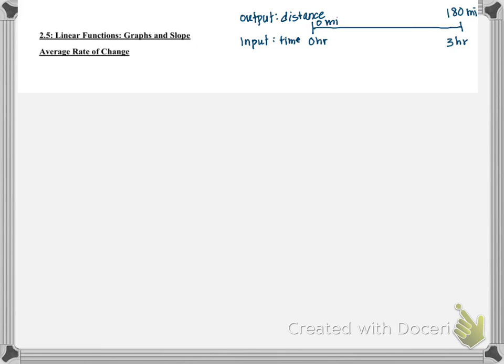So what we've looked at so far is net change, right? We've said that the net change in distance, and the reason we're looking for net change in distance is because distance is the output. So when we talk about net change, we're always talking about the output of the function.